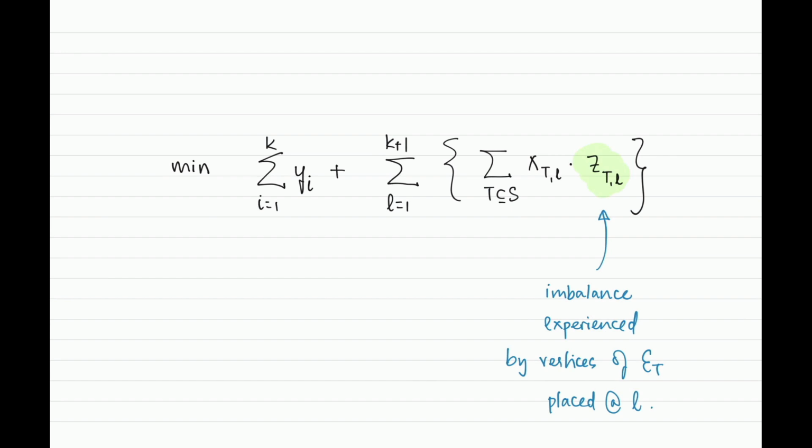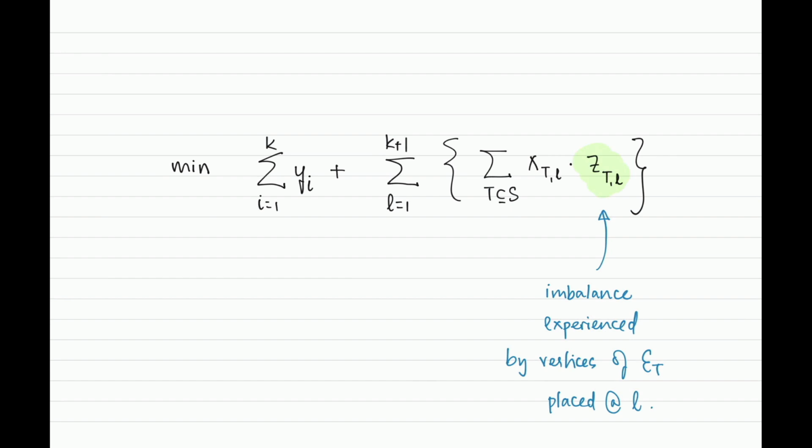Otherwise, you correctly capture the collective imbalance of all the vertices from E sub t that land up at location L. So all you have to do is sum this over all equivalence classes t and all locations L, and you have in aggregate the total imbalance contribution coming in from the independent set vertices.